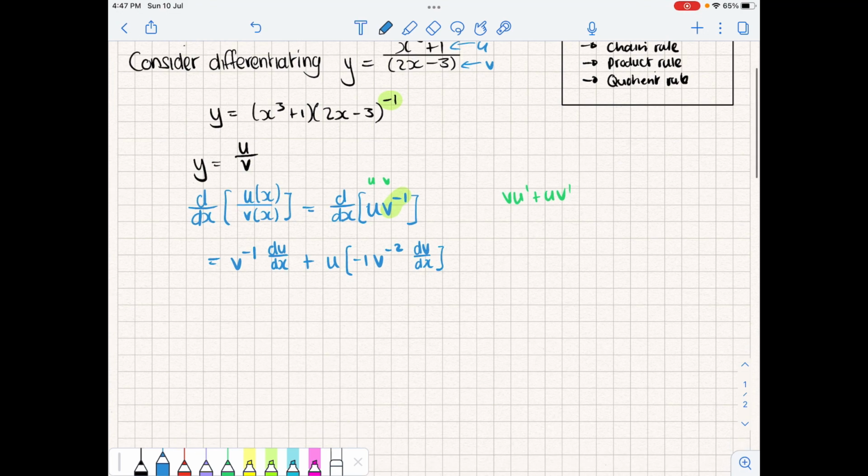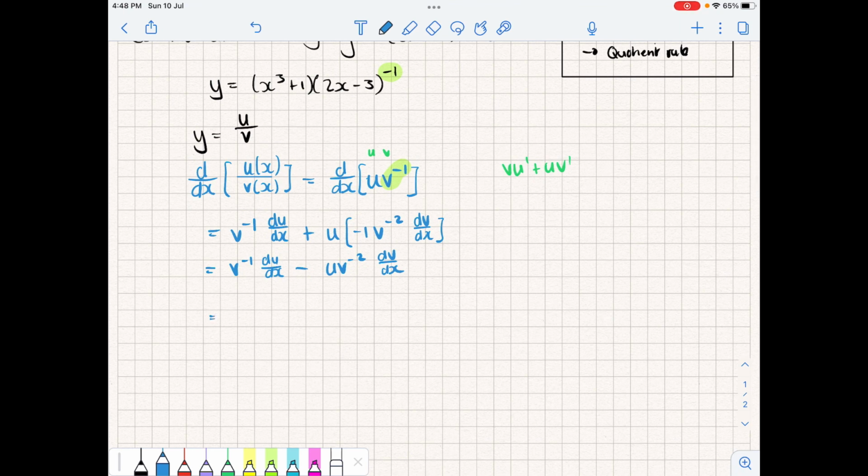Okay, so we can just tidy this up a little bit. So we're going to get v to the minus 1 du on dx minus u v to the minus 2 dv on dx. Okay, so these v to the minus 1s, what we can do is send them back to the denominator. So we're going to get du on dx all over v, and we're going to take away u dv on dx all over v squared.